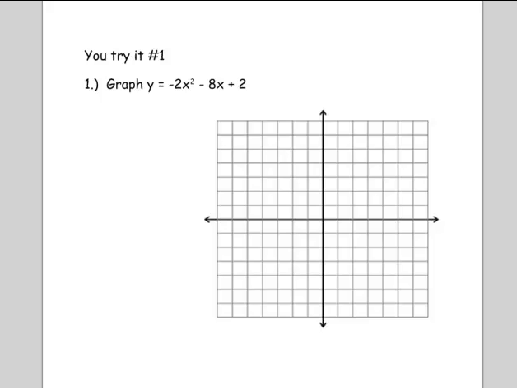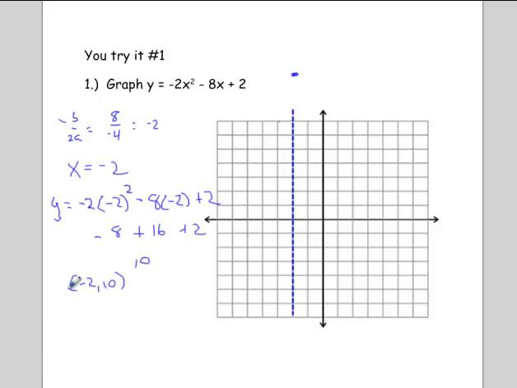Okay, you try it. This is what I got so far. So here's what I have for a vertex so far, and that's up here at 10, and my graph only goes up to 7. Now, I could have made my scale different, but I don't want to. A value over 1, down 1.